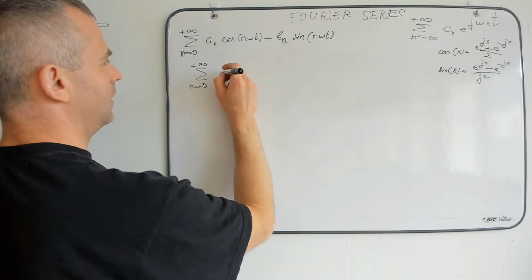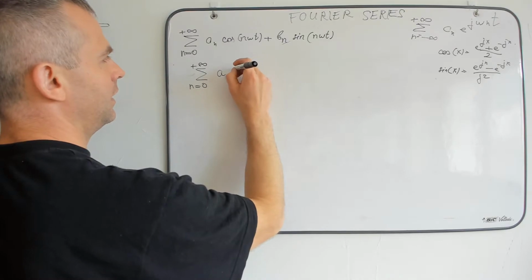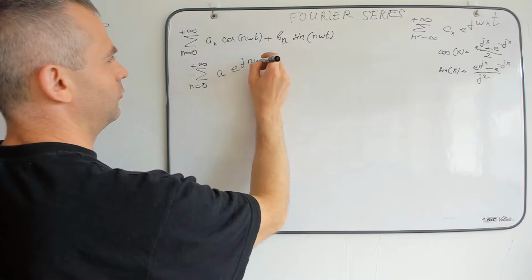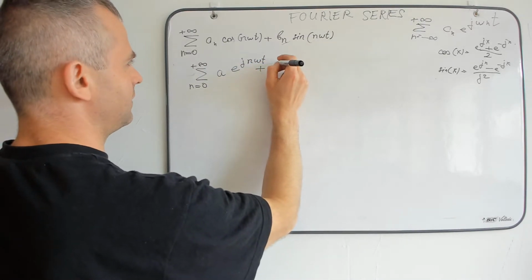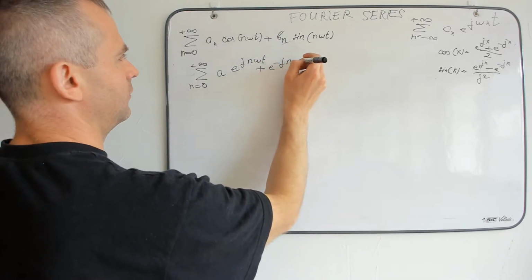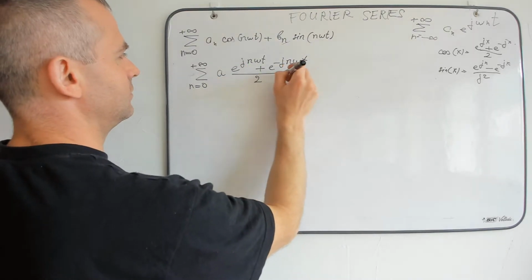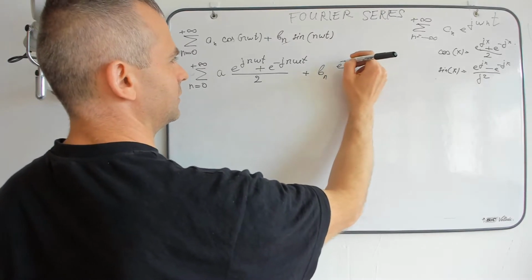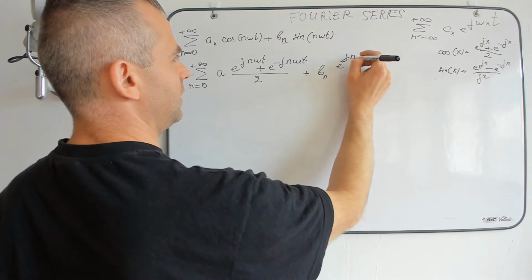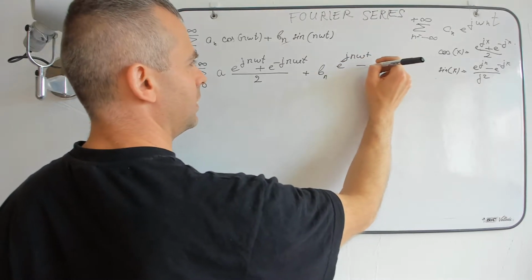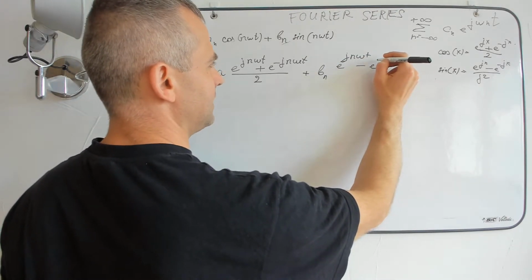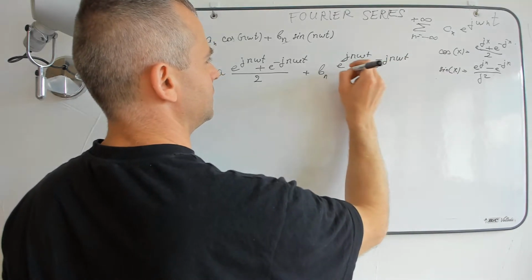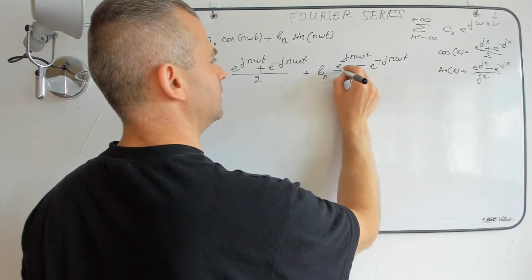Well, I will get an exponential of jn omega t plus exponential of minus jn omega t divided by 2, plus bn exponential of jn omega t minus exponential of minus jn omega t divided by 2j.